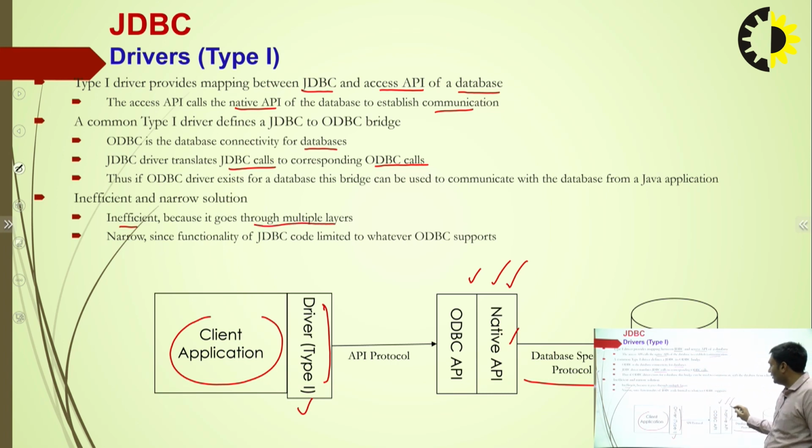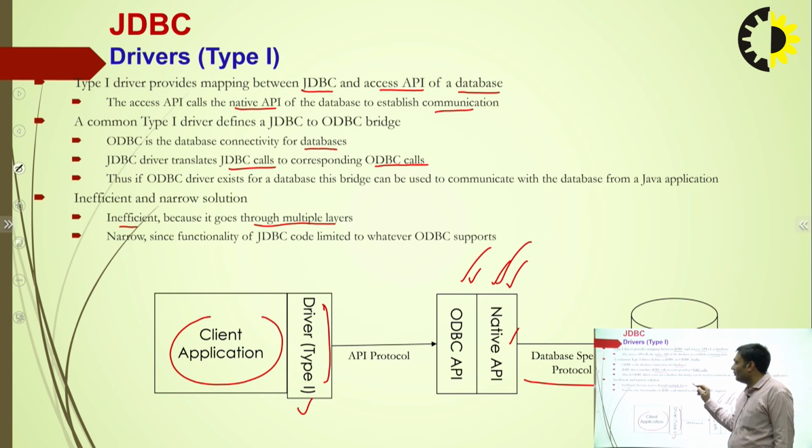So these are two layers to connect the application to the database. So this is the problem with type 1 driver. And second, the functionality of JDBC code is limited to wherever ODBC supports.